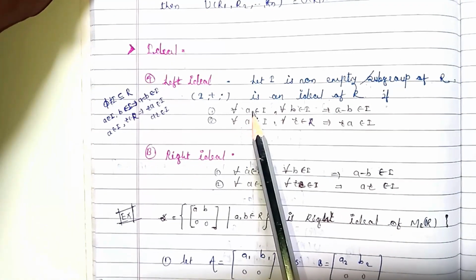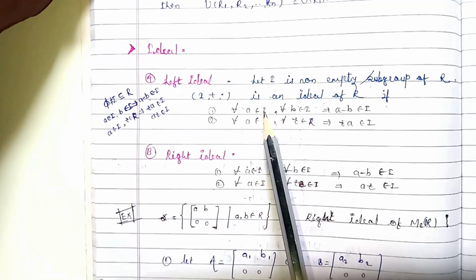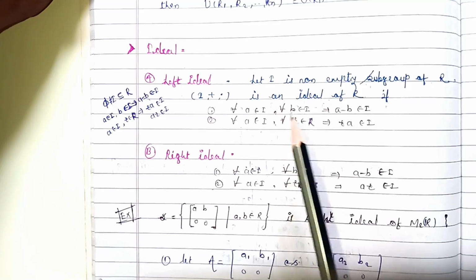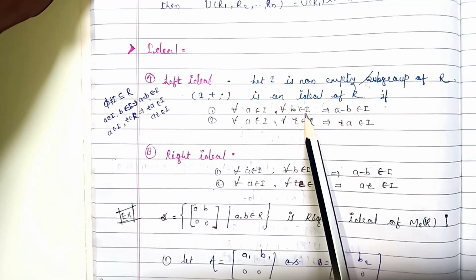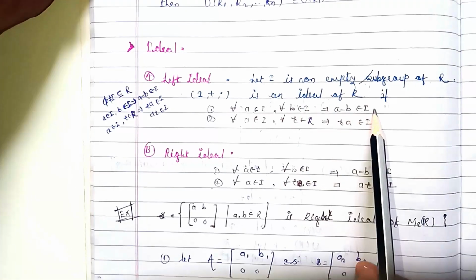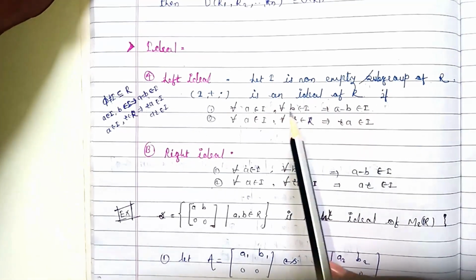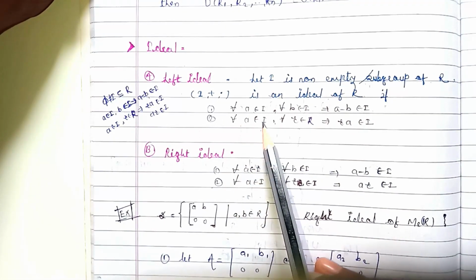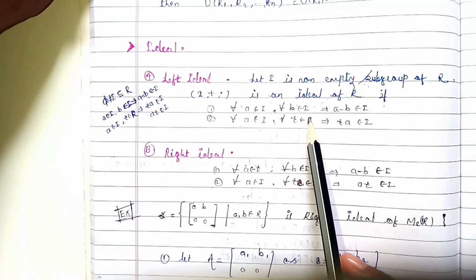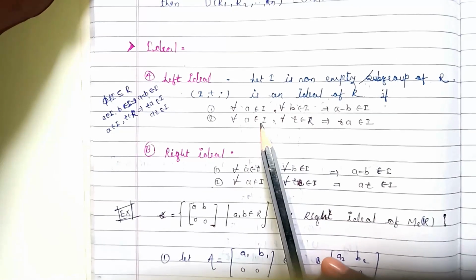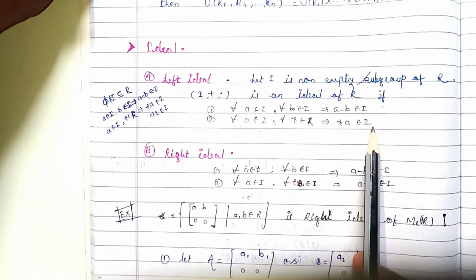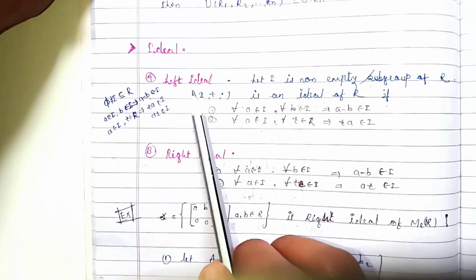Our first condition says that for all a belongs to I and all b belongs to I, their subtraction a minus b goes to the ideal. And the second condition: for all a belongs to I and all r belongs to the ring R, r into a needs to go to the ideal I. Then we say that it is a left ideal.